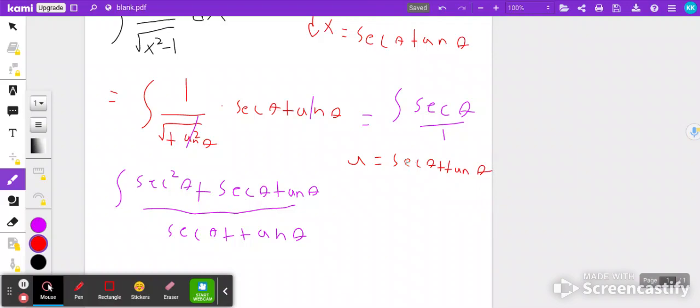Why? Because you know that the derivative of secant theta is secant times tangent, and the derivative of tangent theta is secant squared, so it matches. So that du is precisely equal to this part.